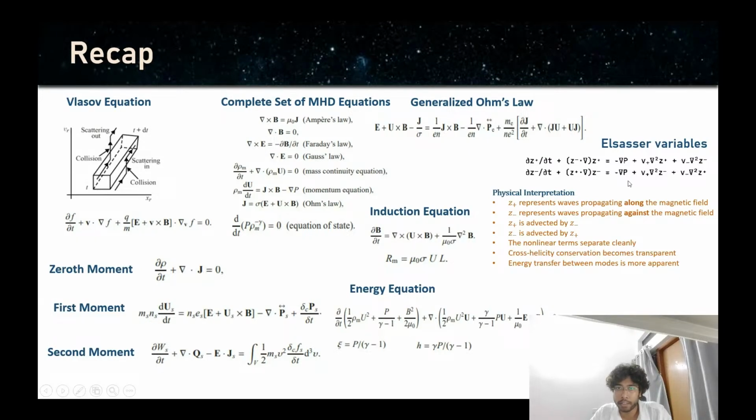So the nonlinear terms separate cleanly, and cross helicity conservation becomes transparent, which we also derived in the last lecture. And energy transfer between the modes is very apparent. We also saw that the energy of the system depends on z plus square plus z minus square. Okay. So this is up to what we discussed in the previous week.